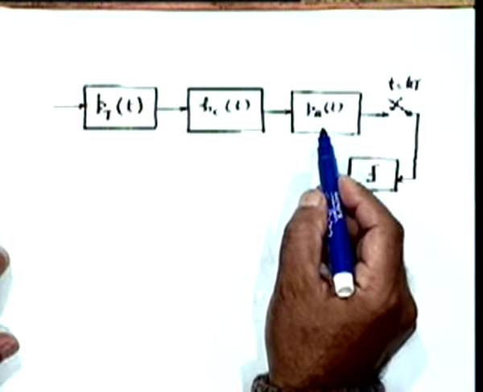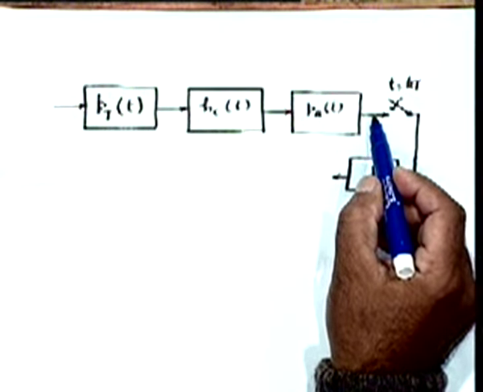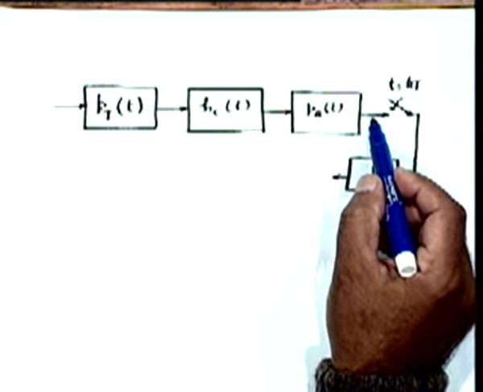Basically the idea of this filter is to average out the noise in each pulse shape as much as possible and to get at the output a signal which is proportional largely to the signal rather than to the noise.